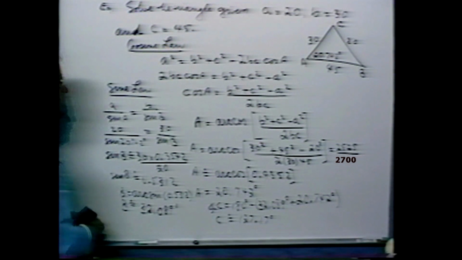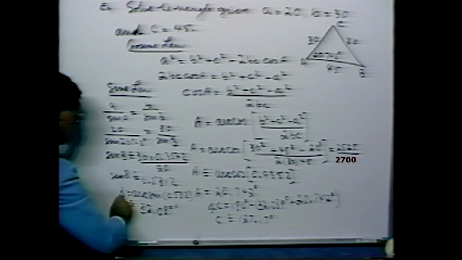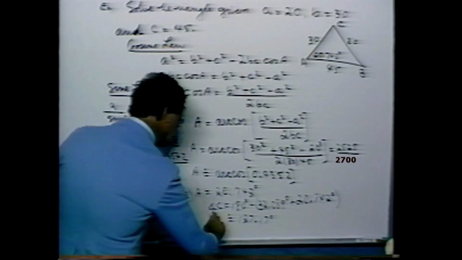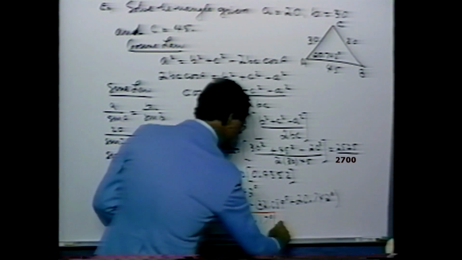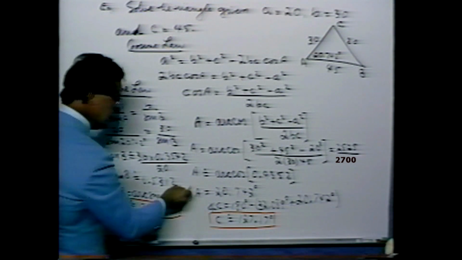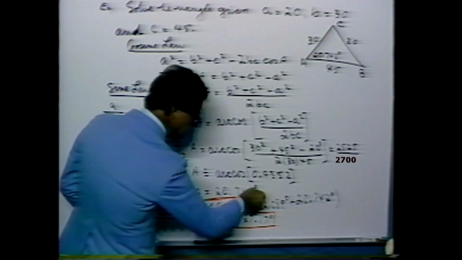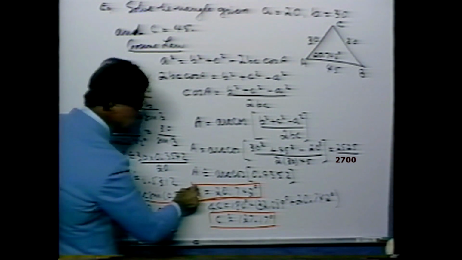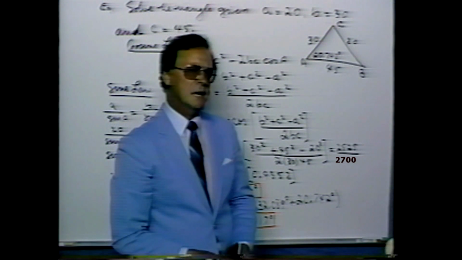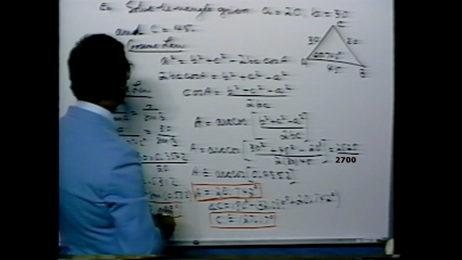And so we have the triangle solved. The answers are, there's the value of B, there's the value of C, and here is the value of A. You probably have already noticed that the sine law is angle-oriented and the cosine law is side-oriented.